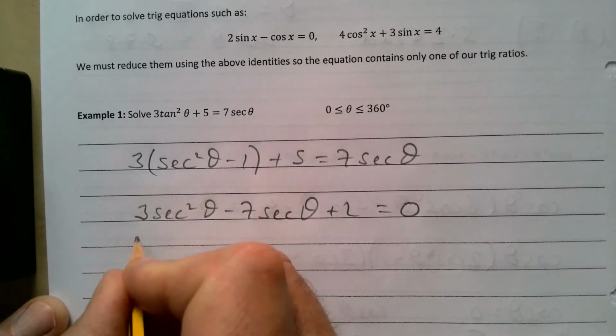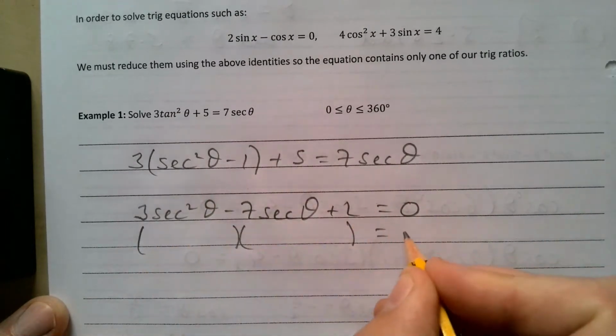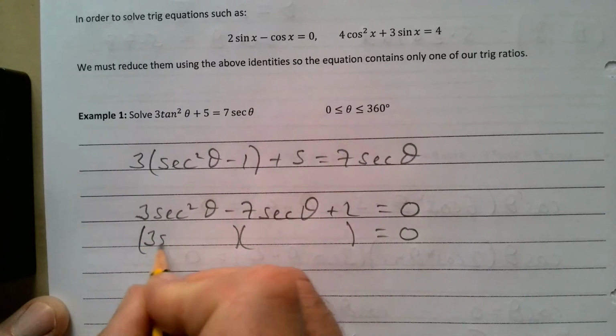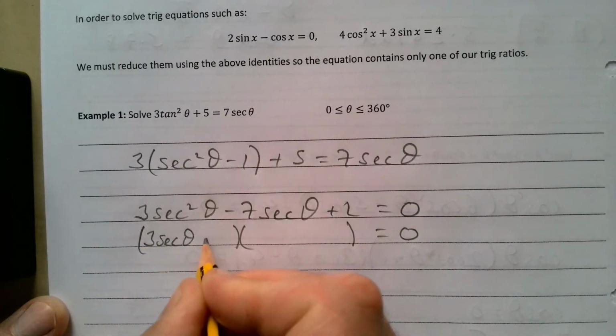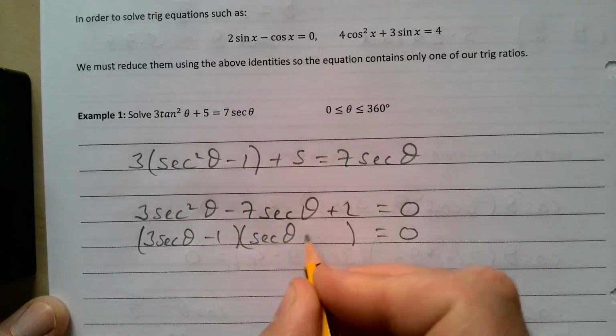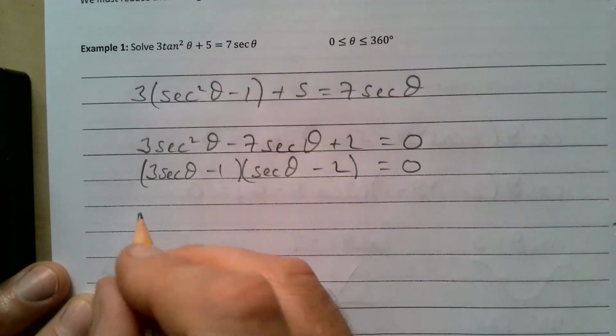So that factorizes. You might want to change this to an x, that'll be fine, or a t, and factorize it out, then change it back in. But I think that gives us 3 sec theta take away 1, and sec theta take away 2, both equal 0. So what do we have from here?